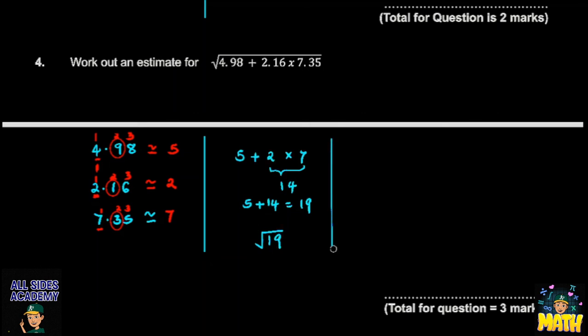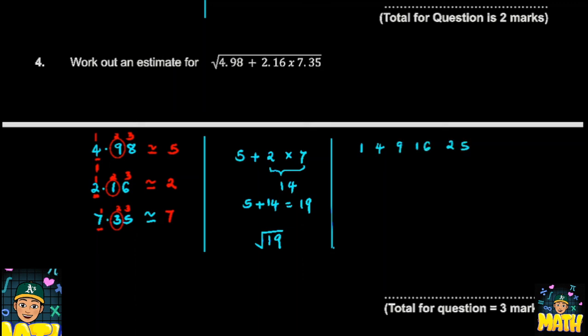In estimation, we are going to look for perfect squares that are close to 19, okay? Perfect squares are 1, 4, 9, 16, 25, and so on. So 19 lies between 16 and 25. The square root of 16 is 4.